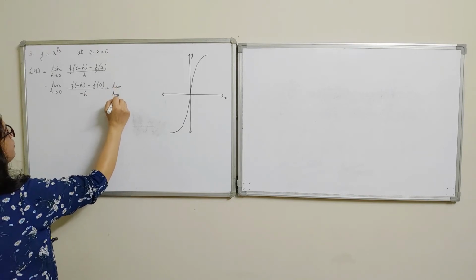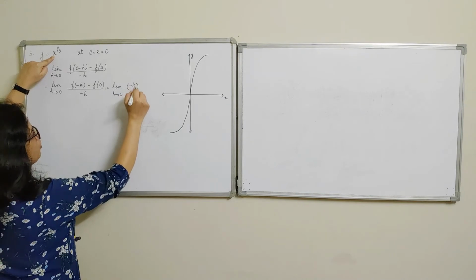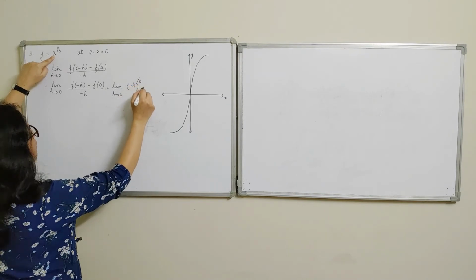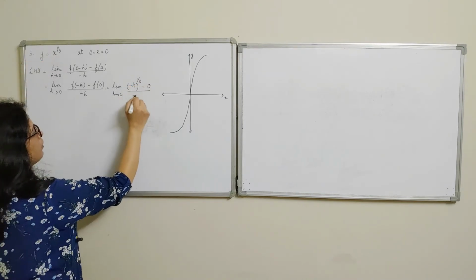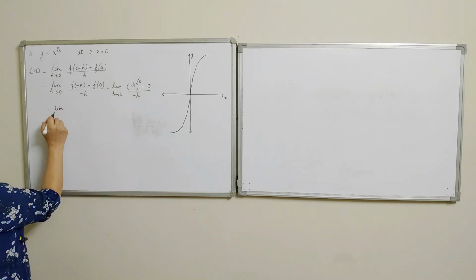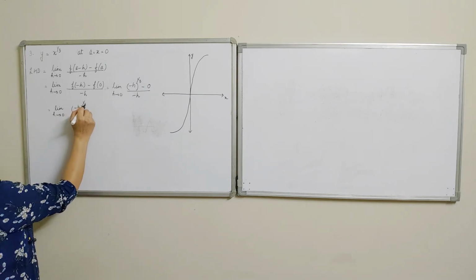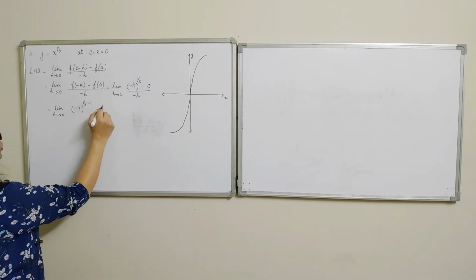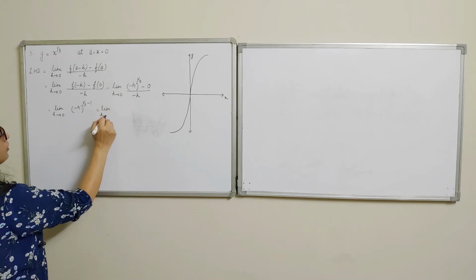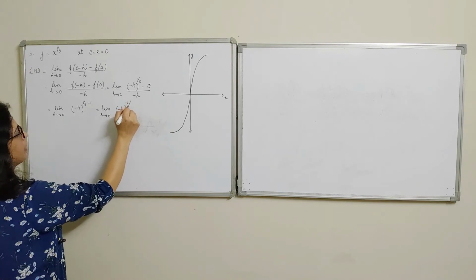The function is x to the power 1 by 3. So this will be minus h to the power 1 by 3 minus 0 upon minus h. So using laws of exponents, this can be written as minus h to the power 1 by 3 minus 1, which turns out to be minus h to the power minus 2 by 3.